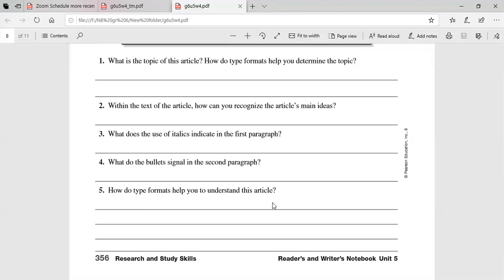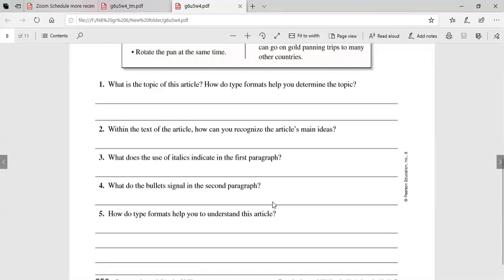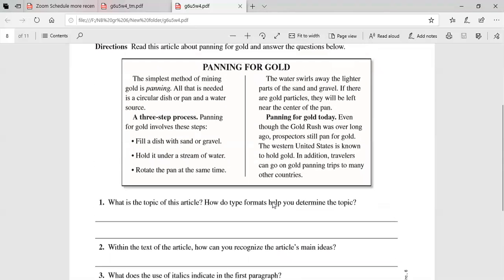The type formats help me understand this article by, one, large type or large size, because you will be able to understand that this is the topic and this is the main idea and these are details to this main idea because of the use of the type format.